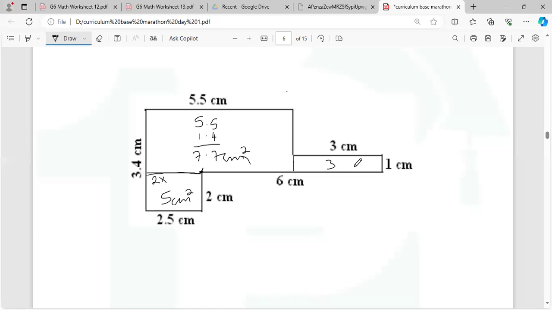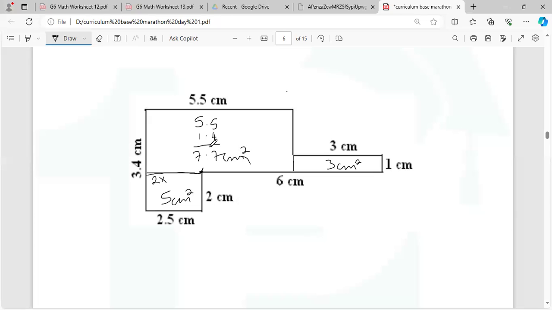Sir, that is 1.4. It's supposed to be 3.4. Hold on, what is she telling me now? Did you say 1.4 for here? Yes, sir, it's 1.4. No, it's 1.4 since you have to subtract the 2 from the 3.4.